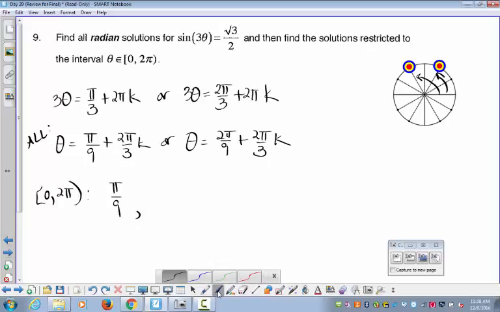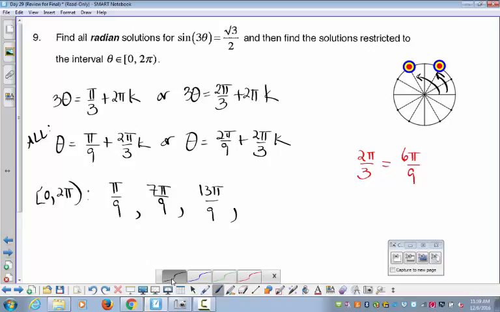It might be helpful if we write 2 pi over 3 with a denominator of 9. So that would be 6 pi over 9. That'll help us add. So 6 pi over 9 plus pi over 9 is 7 pi over 9. Then add 6 pi over 9 again, so we get 13 pi over 9.